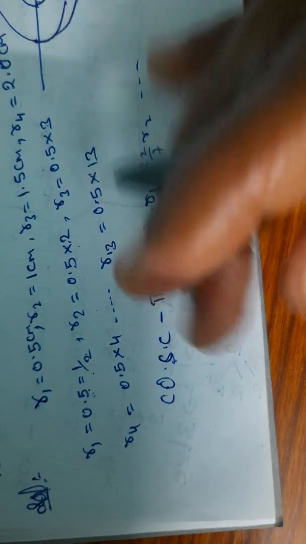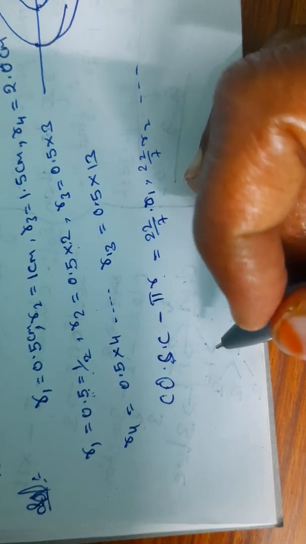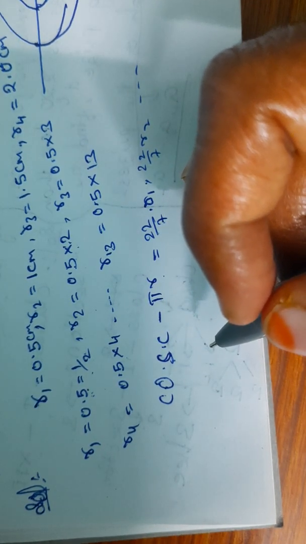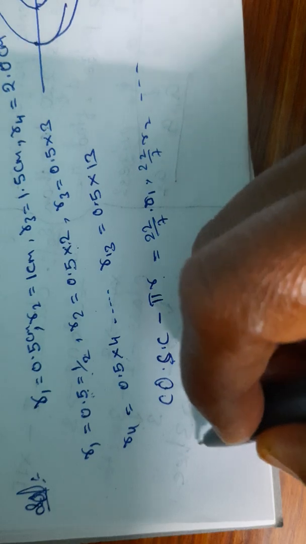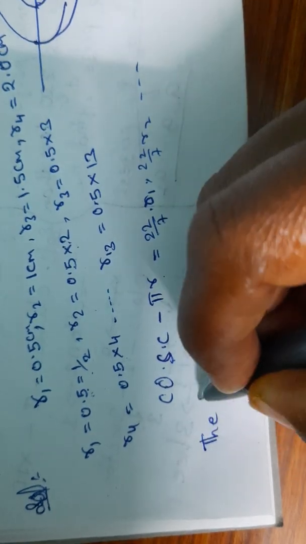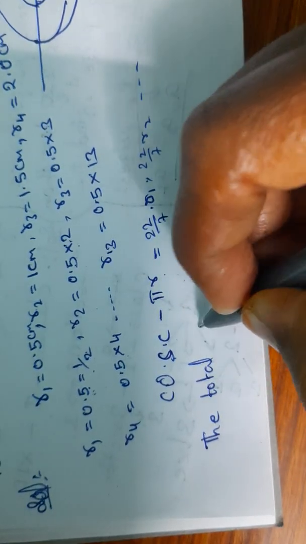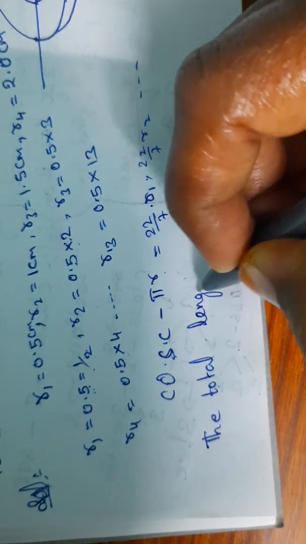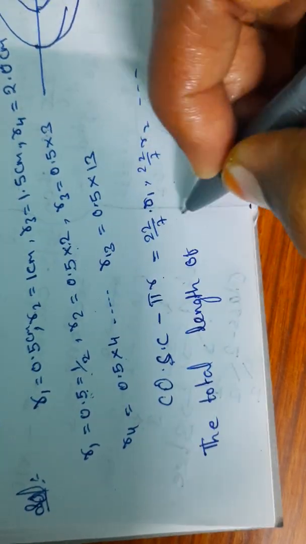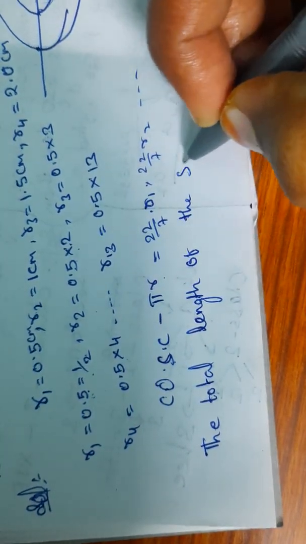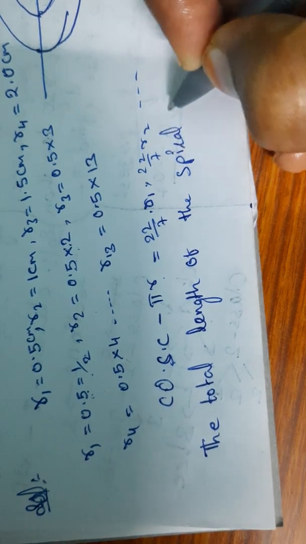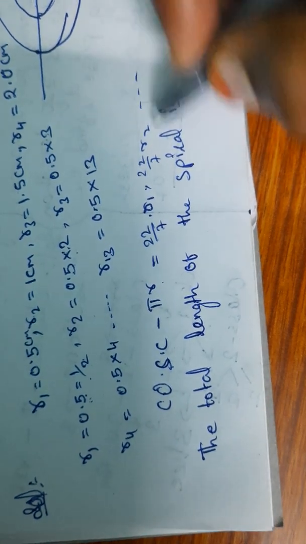Now the total length of the spiral is what?